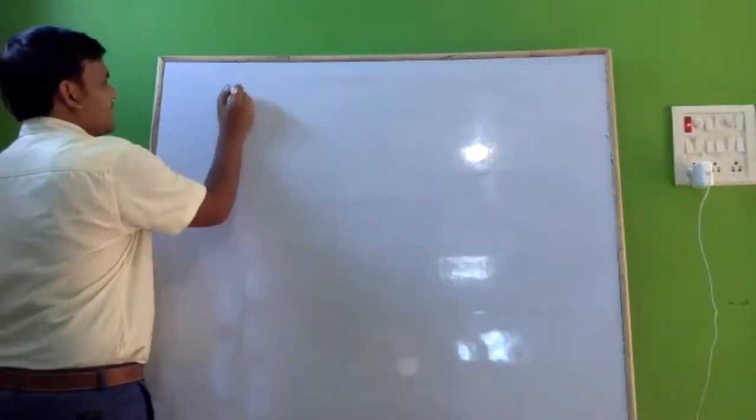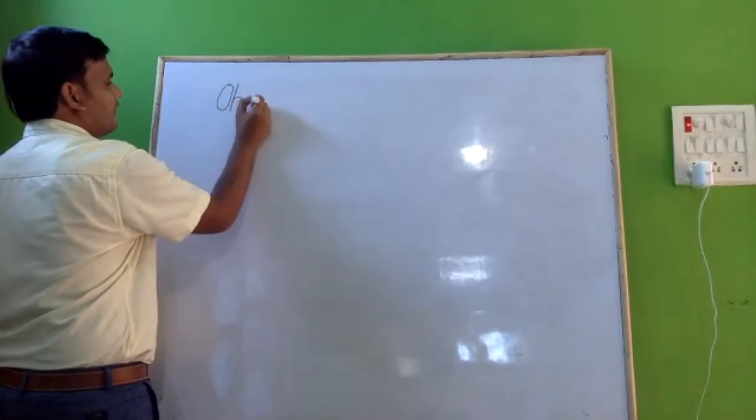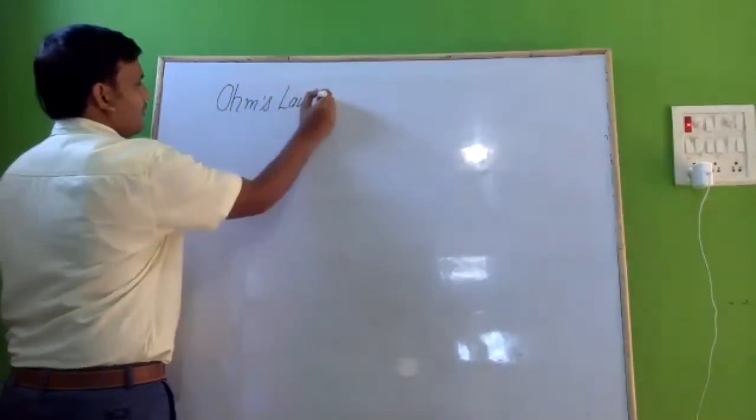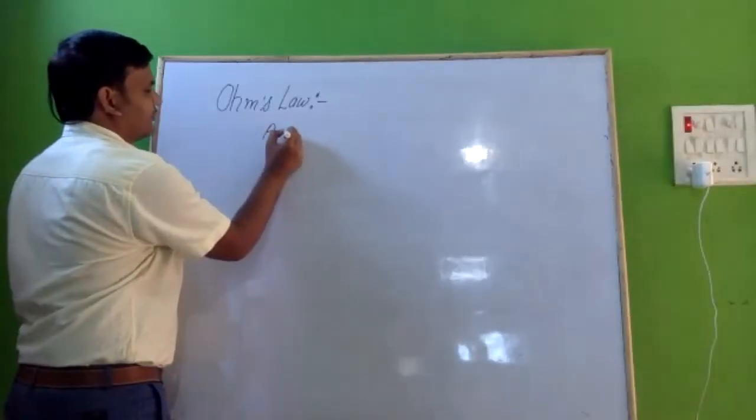So what is basically Ohm's law? According to Ohm's law, E is equal to IR.